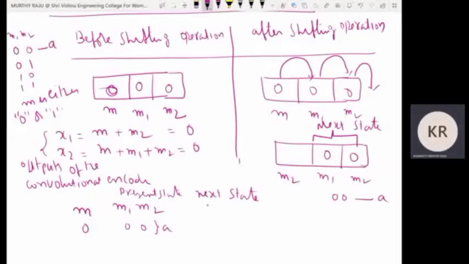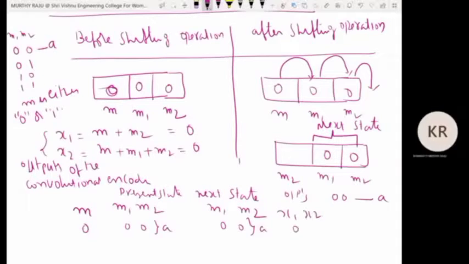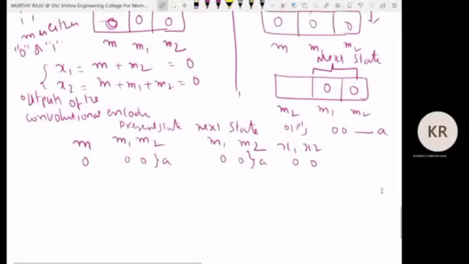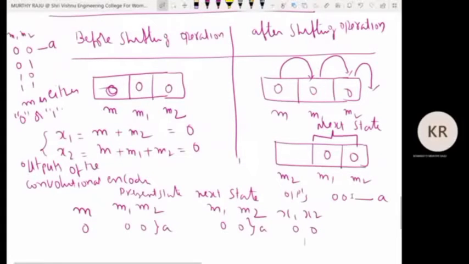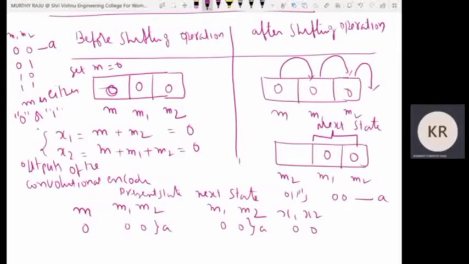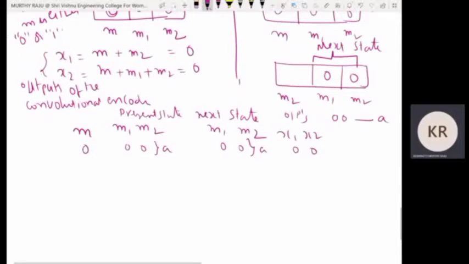Next state, that means M1, M2 is also 00, that is state A. Outputs X1, X2 are 0. In the first case, we set M equal to 0. M has two possibilities, either 0 or 1. Now I will concentrate on M value equal to 1.